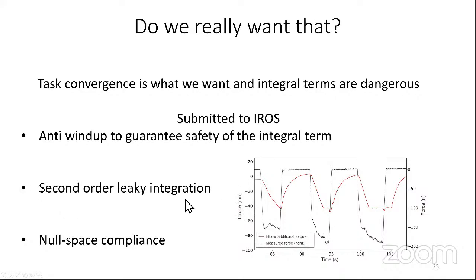We have also presented a leaky integration scheme with a second order filter that allows targeting specific kinds of disturbances. So instead of using just simple integration, we can have a quick integration for stiction and really impulsive disturbances, and a slow integration that can deal with the modeling error. And finally, we presented the null space compliance that I will present here briefly.